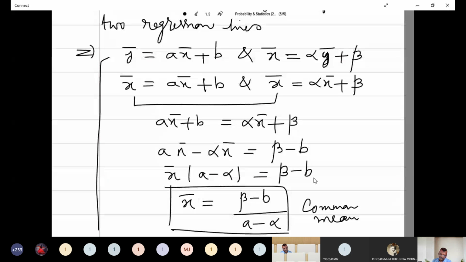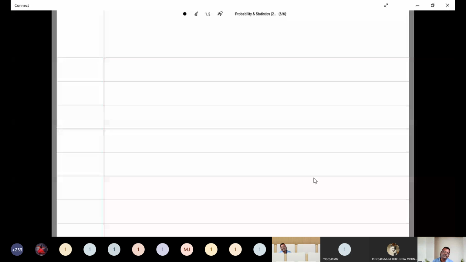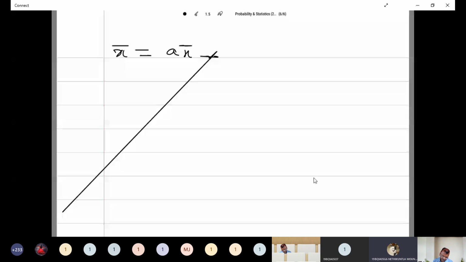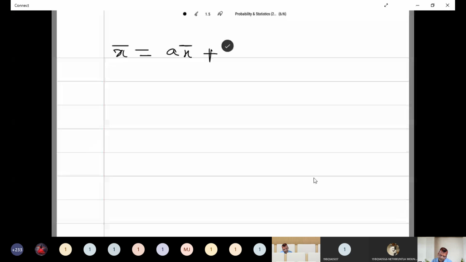Now from these two equations, shall I move to the next page? What are the two equations? x bar is equal to ax bar plus b, and x bar is equal to alpha x bar plus beta.